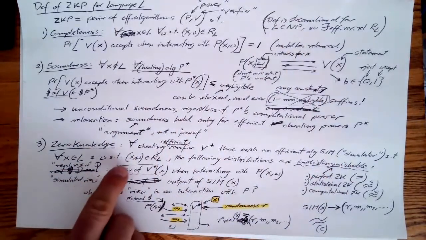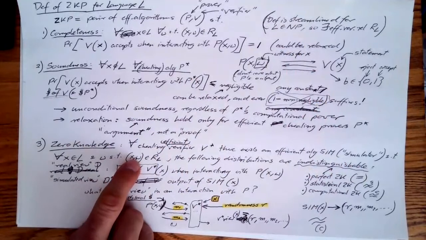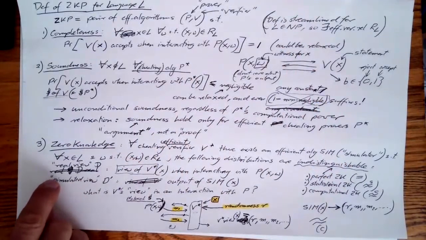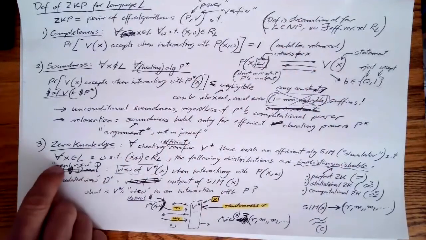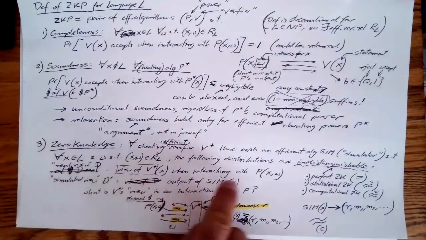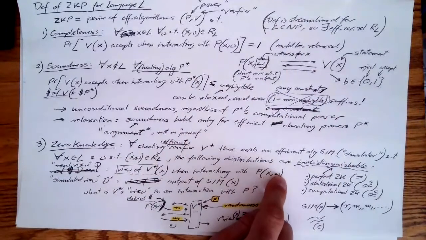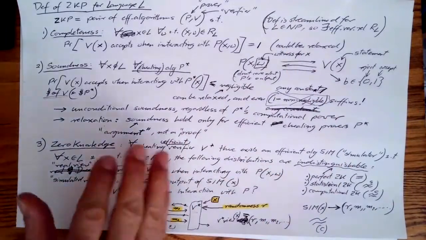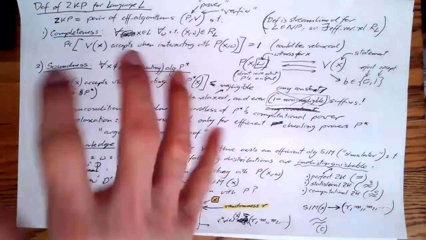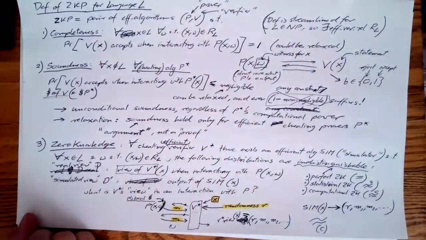Because otherwise, statements like this, that there exists a witness, and so what you are comparing, the simulation, the real view, is an interaction with a prover that has a witness, right? So all of this would have to go away if you're considering general languages outside of NP. Yeah, that's pretty much syntactic.